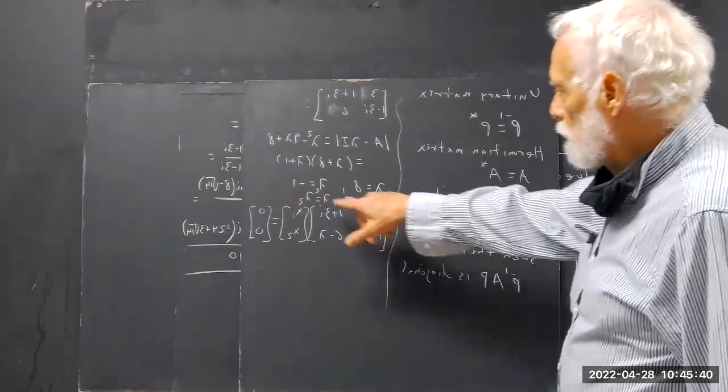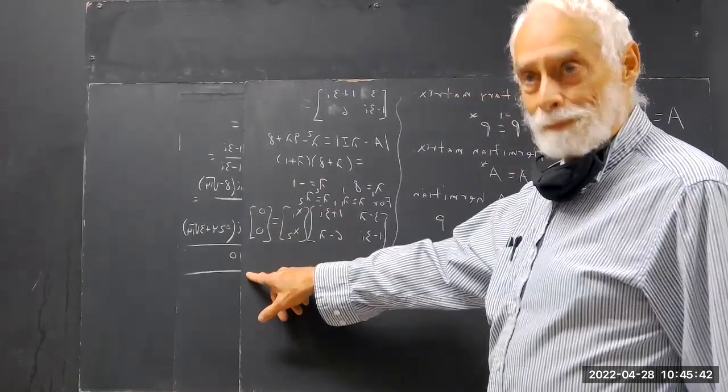I'll just write out for lambda equals lambda 1, lambda equals lambda 2. This should work.